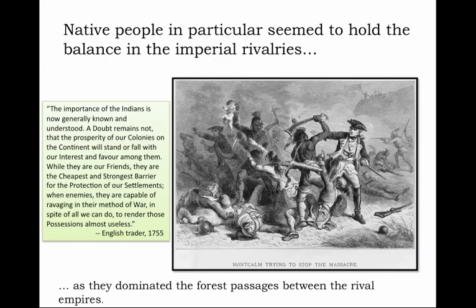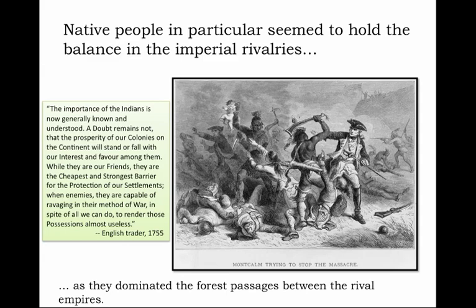Native people in particular seem to hold the balance in these imperial rivalries. It's easy to see the Indians as simply pawns in a larger imperial game, but far from that being the case, they were often critical players in the fortunes of European imperial expansion, as the native people dominated the forest passages between the rival empires.